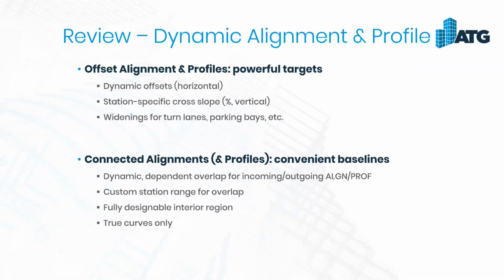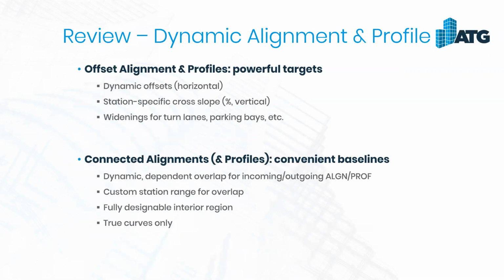So third part of our series, we've talked before about offset alignments and offset profiles and how powerful they can be as target objects. We've also talked about our connected alignments and their profiles and how convenient they can be for our baselines. So our offset alignments and profiles are dynamic horizontal geometry. If we change the shape of our main alignment, then our child offsets will update too.